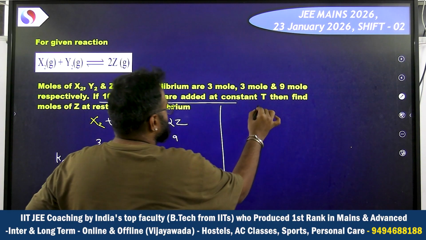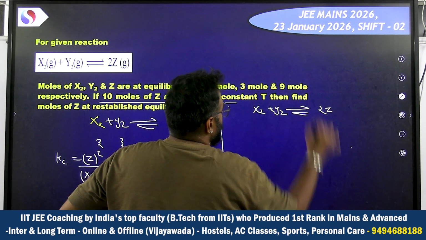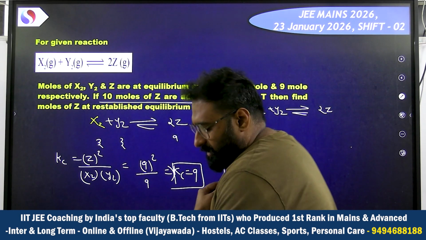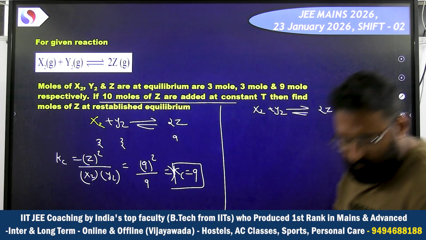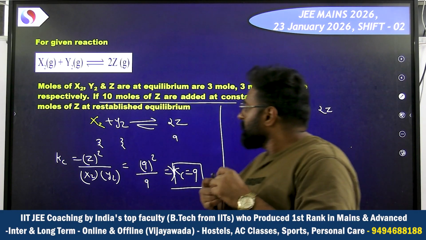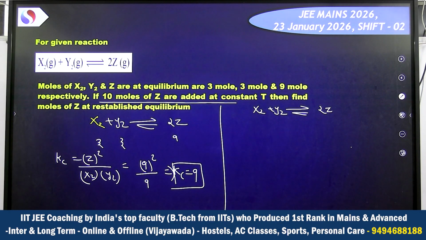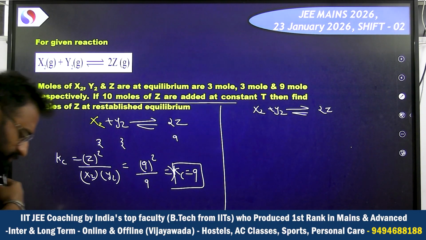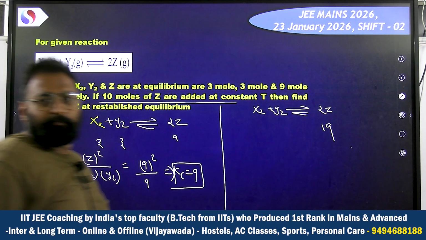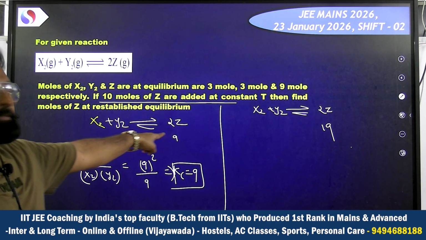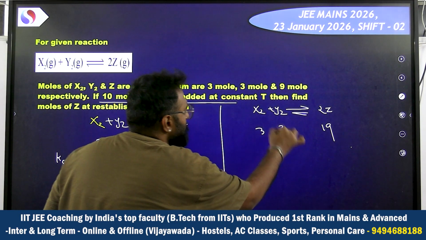Now look at the reaction again. X2 plus Y2 gives 2Z. Extra 10 mole is added. Just wait a minute. Now when extra 10 mole is added, the total moles of Z will be 19. 9 moles were there previously and 10 moles are added, and these are 3 only.